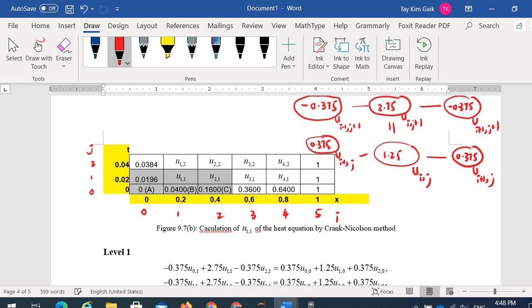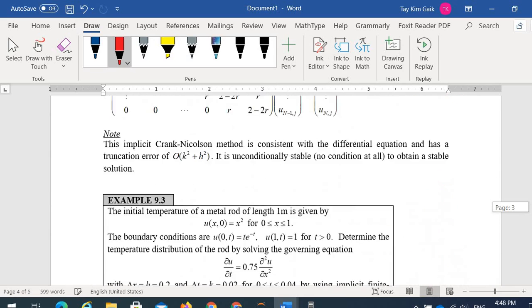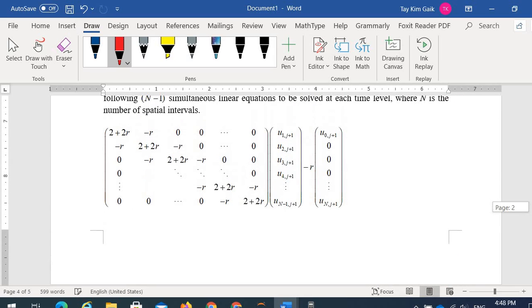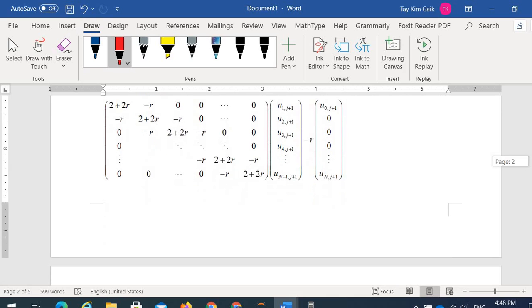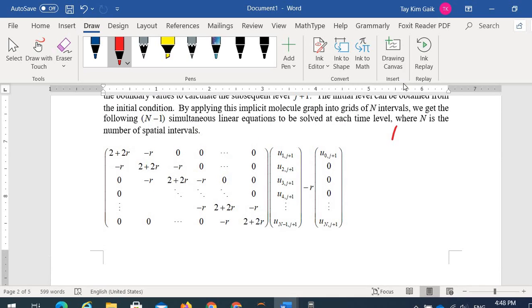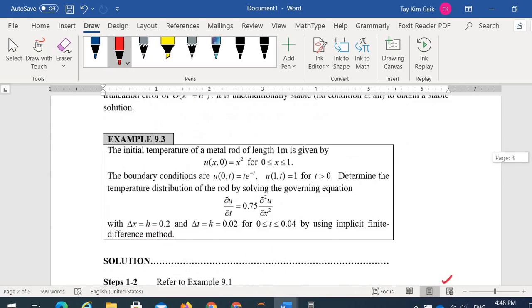This molecule we apply here, and as we mentioned just now, you get a system of linear equations, where your left hand side matrix gives Ax equal to b, where A is given by the molecule at the top level. Main diagonal is 2 plus 2r, off diagonal is minus r.